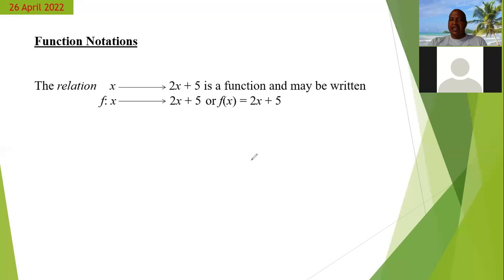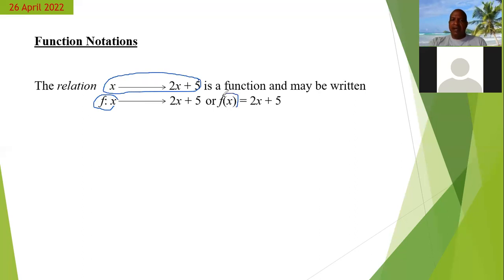If we want to say that it is only a relation and not a function, we write it like this. When it is written like this, it does not tell you that you have a function. It simply means that this is a relation and you don't know if it is a function. If it is a function, then you attach the f with the colon onto it, and that will tell you that this relation is indeed a function. So by looking at this, you know that you're working with a function.